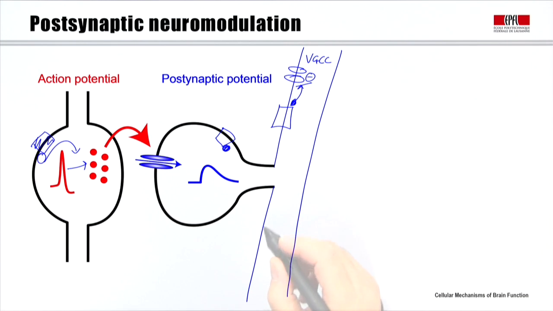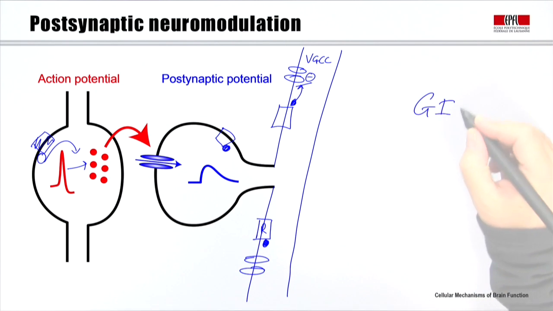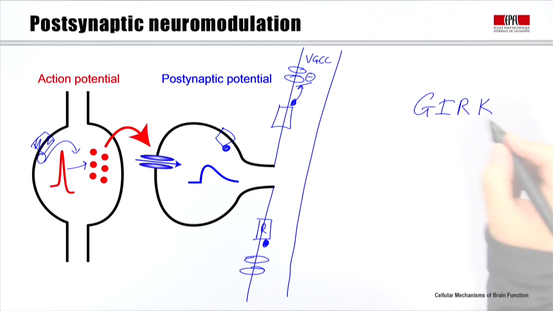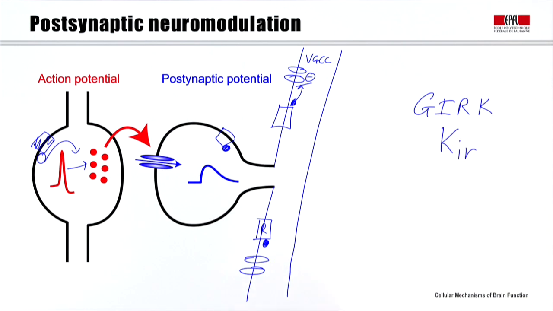Also on postsynaptic membranes, there are other interesting potassium channels that are strongly regulated by 7 transmembrane receptors. So again, via G proteins, they can affect potassium channels. In particular, there's a family of potassium channels called the G protein inward rectifying potassium channels, or the KIR channels, that are strongly affected by G protein coupling here, and they're activated by receptor activation.